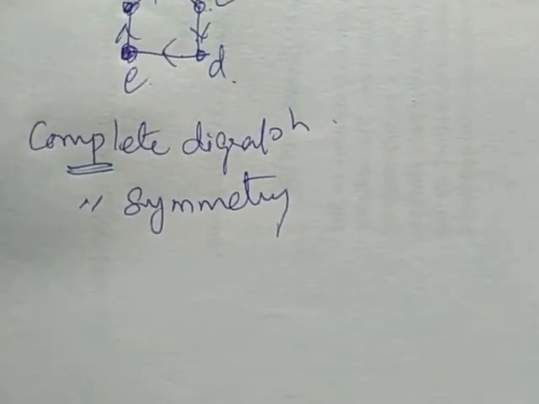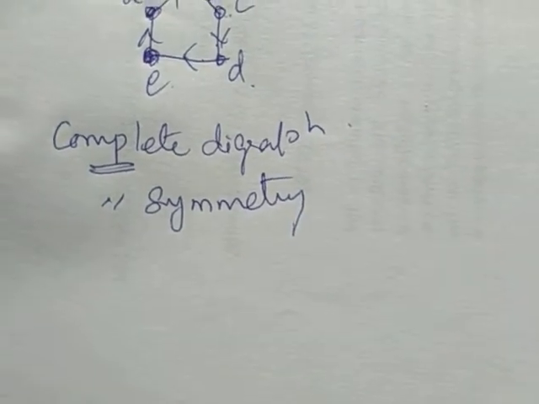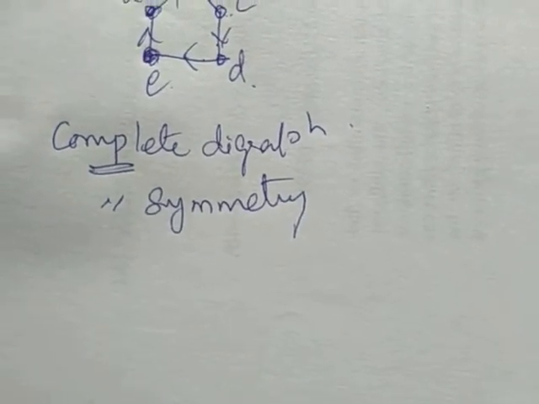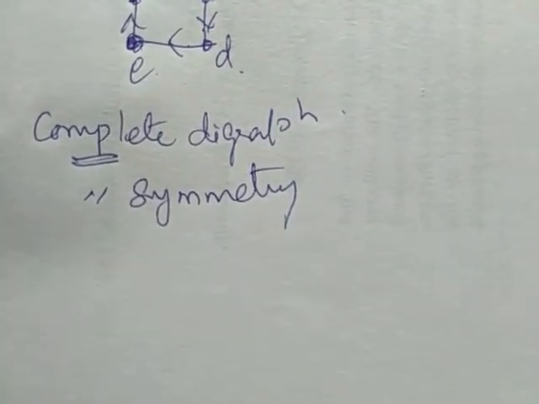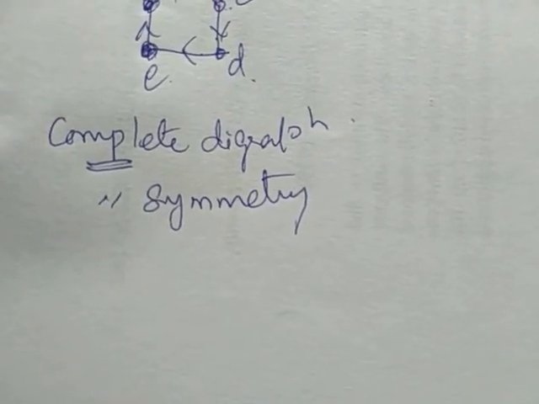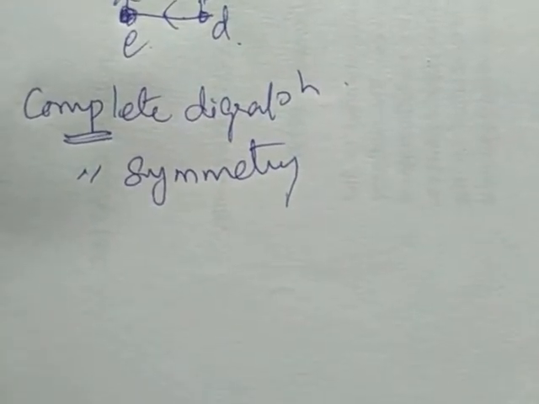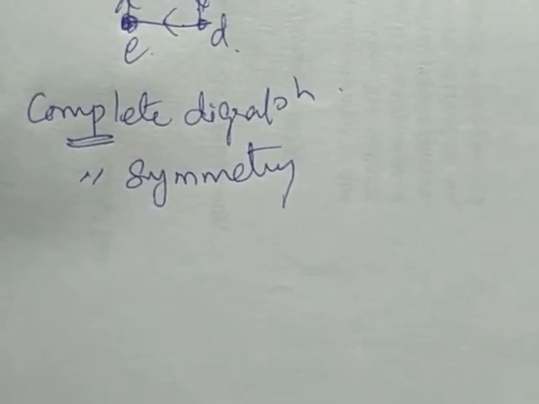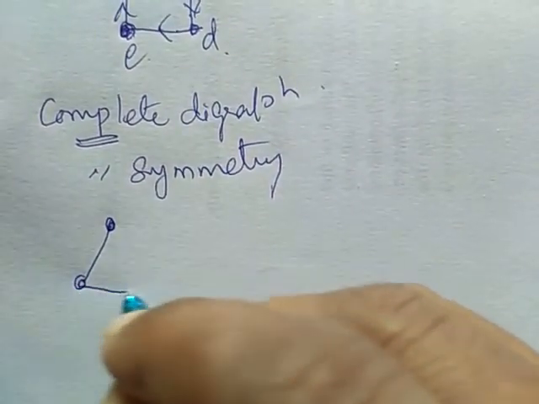So a complete symmetric digraph is a simple digraph. It means it should not have loops and parallel edges. There is exactly one edge directed from every vertex to every other vertex. There exists exactly one edge directed from one vertex to another vertex.